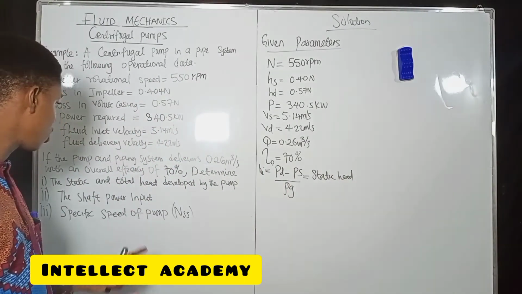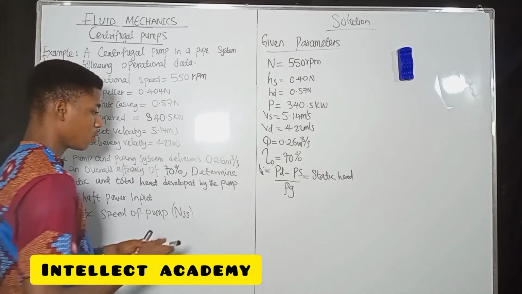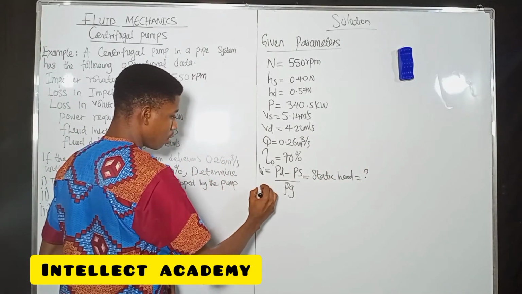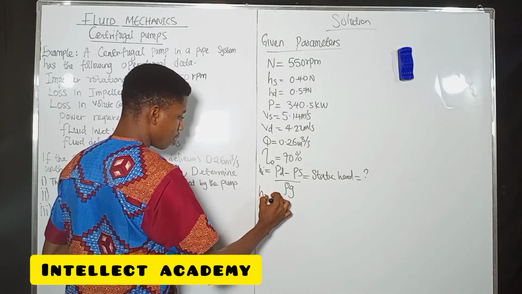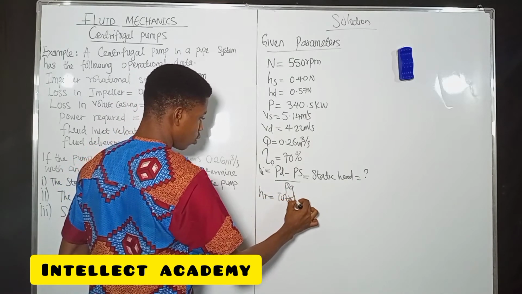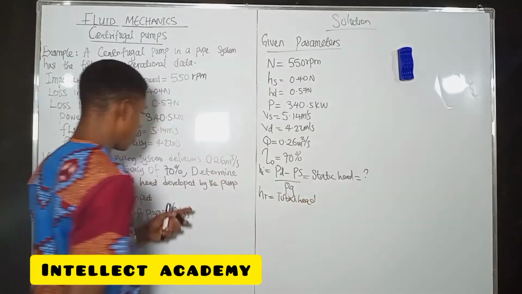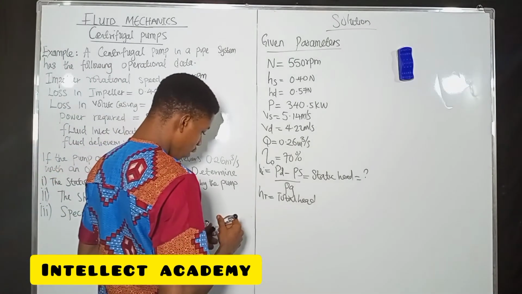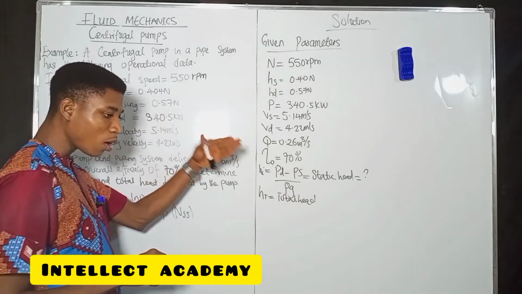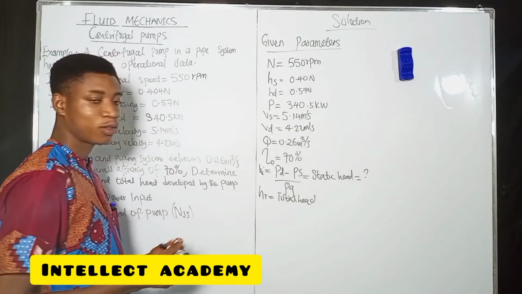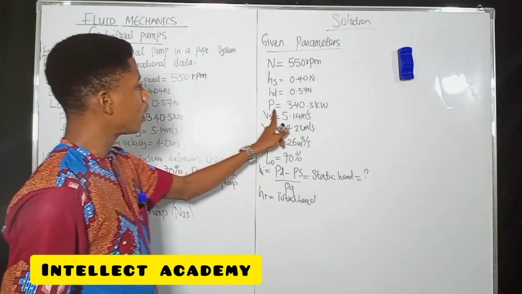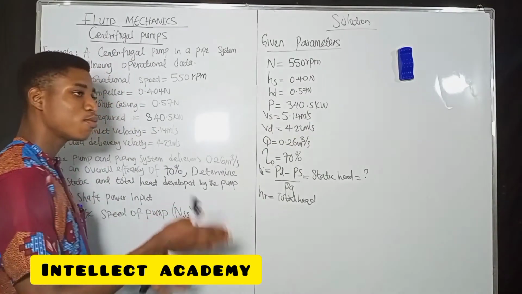Then we're going to look for the total head developed by the pump. Of course, we're looking for the shaft power input. We know the efficiency is output over input multiplied by 100, so we have the output here and we're looking for the shaft input.